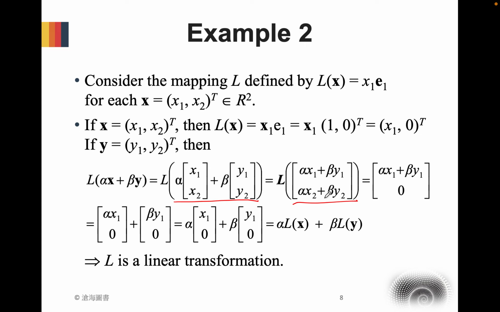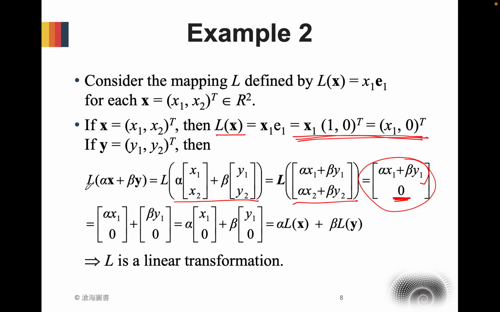When we work on this mapping L, the result would be we just remain the first item, alpha x1 plus beta y1, and the second item becomes 0, right? Because of here. So this result can be rewritten as alpha times (x1, 0) plus beta times (y1, 0), which is alpha Lx plus beta Ly.